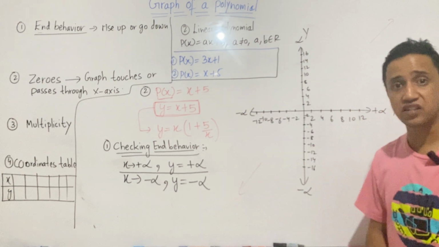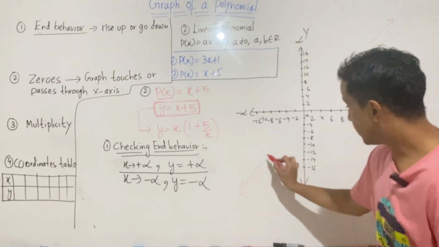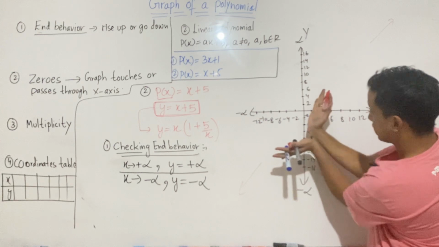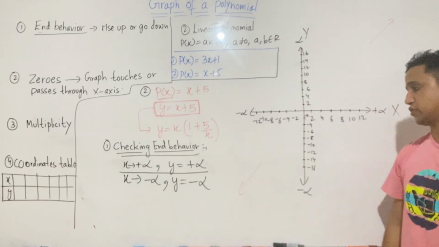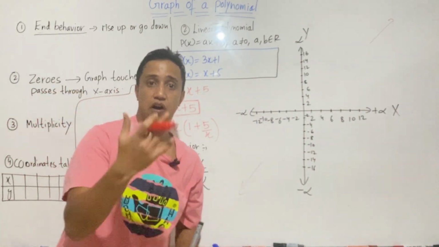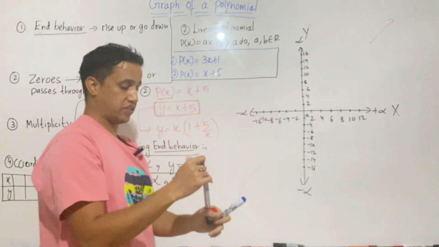So it means your curve is going to be like this. Let's see if that is true or not. So for end behavior, we check the behavior of y according to the behavior of x.